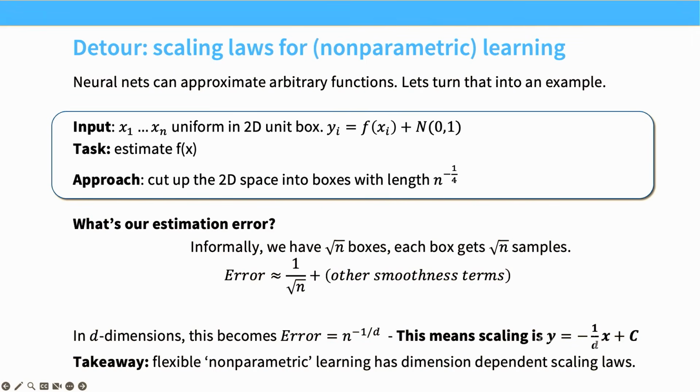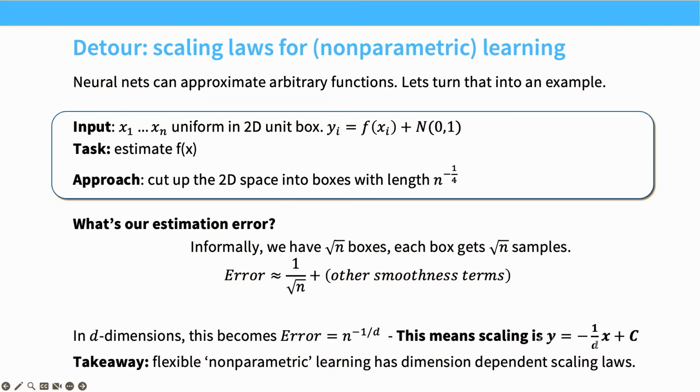So if I'm doing a regression problem, I have my inputs x1 through xn, let's say they're in the unit box. I have a little bit of Gaussian noise, and I have an unknown function f that I would like to estimate. A trivial estimator for this is I can take my space and cut it up into little 2D boxes of length n to the -1/4.